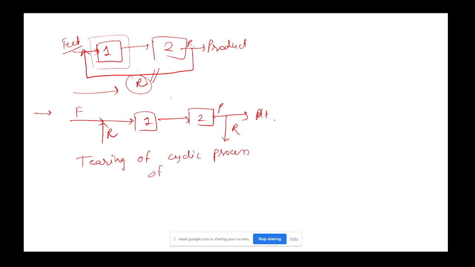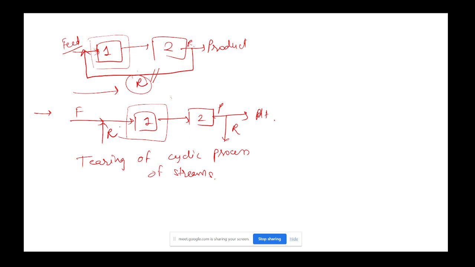So this approach is nothing but tearing of cyclic processes, or tearing of streams. So why do you do this? So that you will be able to solve the blocks. Now you will be able to use the modular approach, the modular method for the solution, and you will be able to treat each block separately.